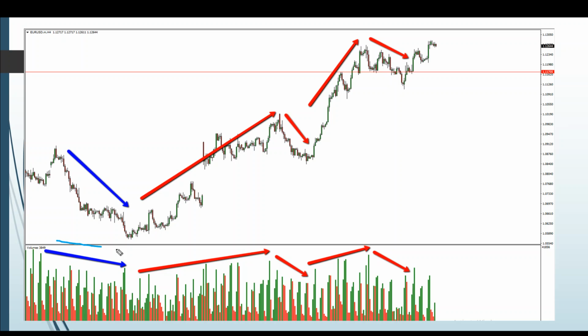Then after the first clue that we're going to see pullbacks or reversals, we start to see the price jumping up. This is, of course, the very first clue. And then the volume that goes behind the price is also increasing. That gives us the idea that this is indeed a reversal pattern here, rather than pullback. Okay?